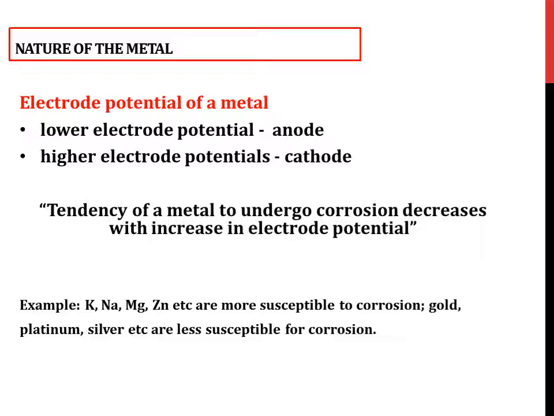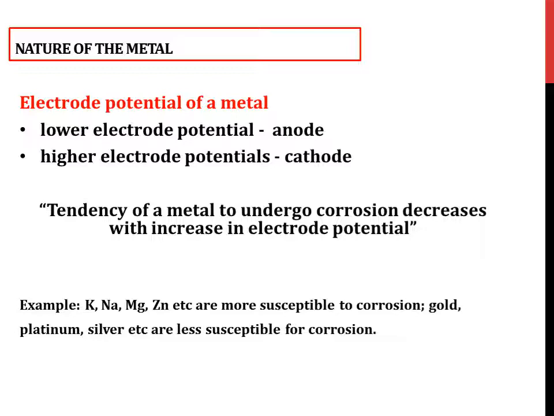As we can see from the galvanic series, the more reactive metals are placed at the top of the series, and they are more susceptible to corrosion. Always, the tendency of a metal to undergo corrosion decreases with increase in electrode potential.